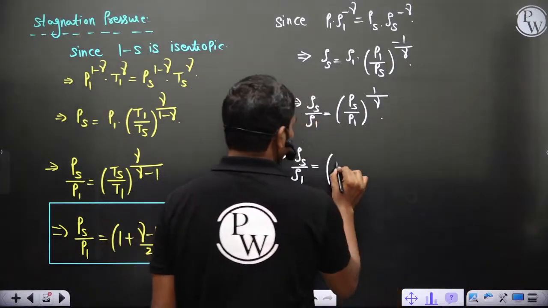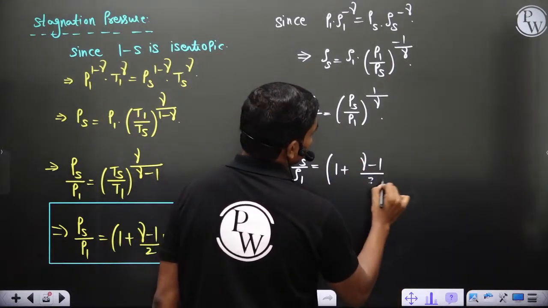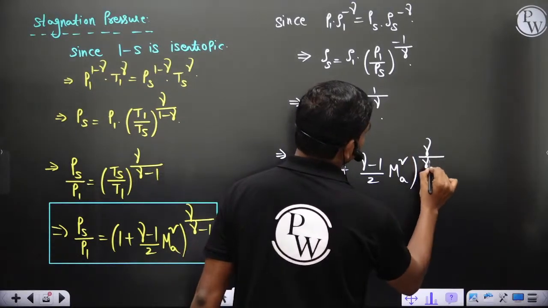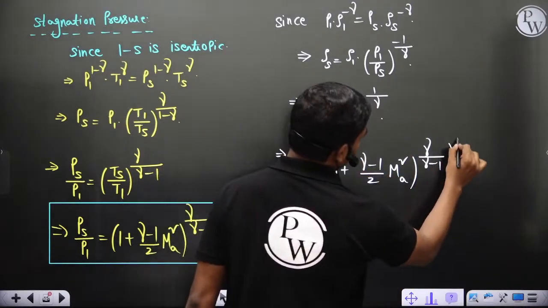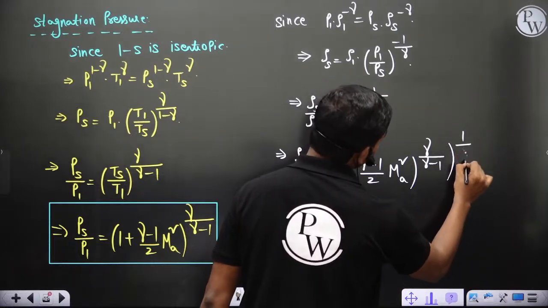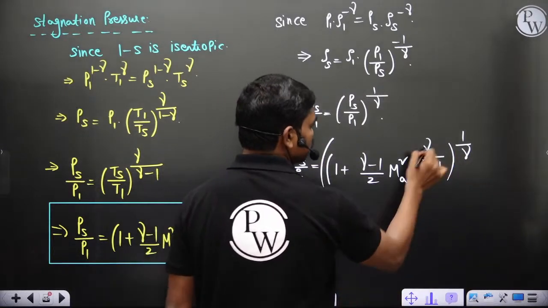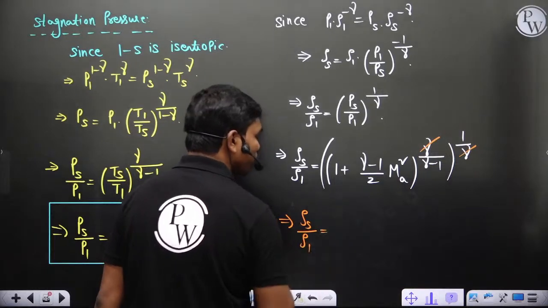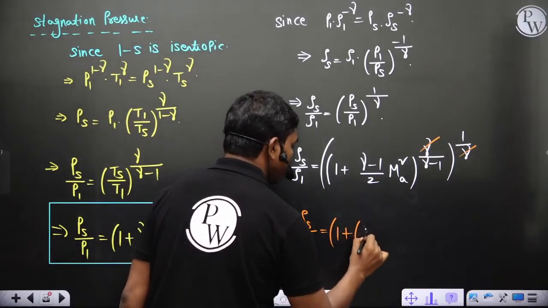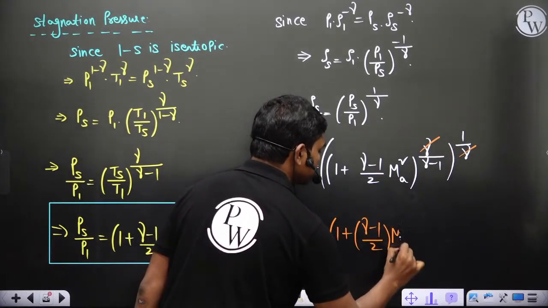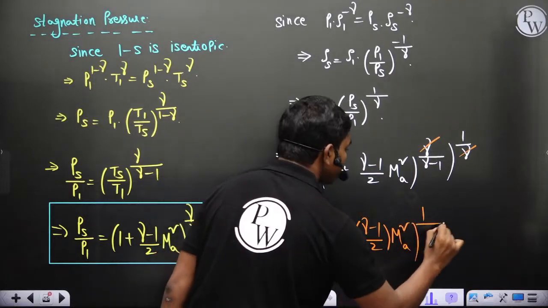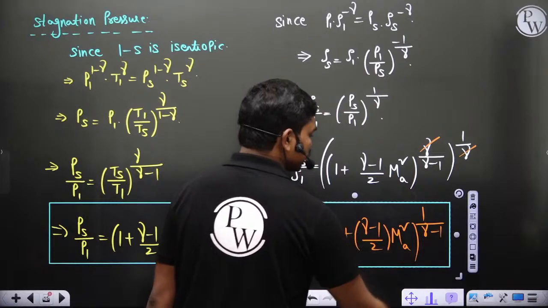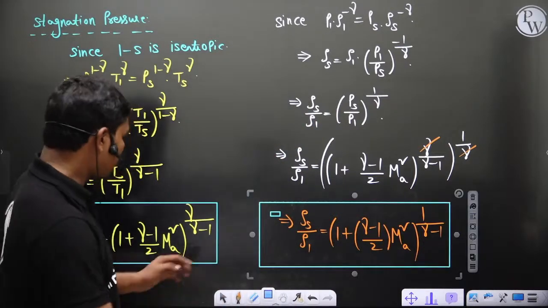Here you got (1 plus (gamma minus 1) by 2 Mach squared) power gamma upon gamma minus 1, this whole power 1 by gamma. This gets cancelled, so stagnation density by density of the flow is equal to (1 plus (gamma minus 1) by 2 Mach squared) power 1 by gamma minus 1. So that's how we talk about stagnation densities here.